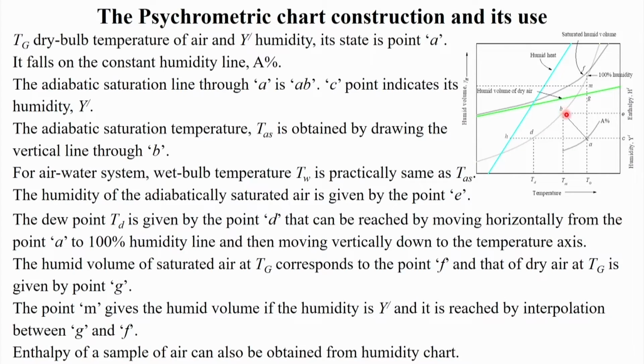If we move from point A to C, we get the amount of humidity there, that is called y prime. Corresponding to point B, where it has touched the 100% humidity line, if we go to the y axis, we can see the humidity there, the E point, which is the adiabatically saturated air.